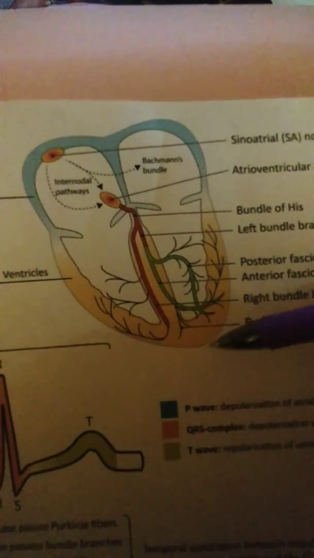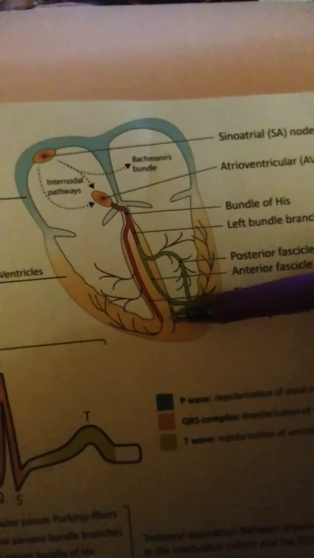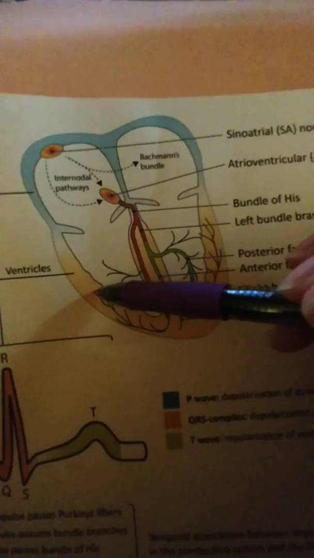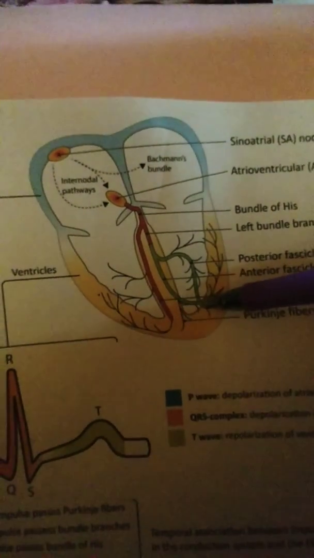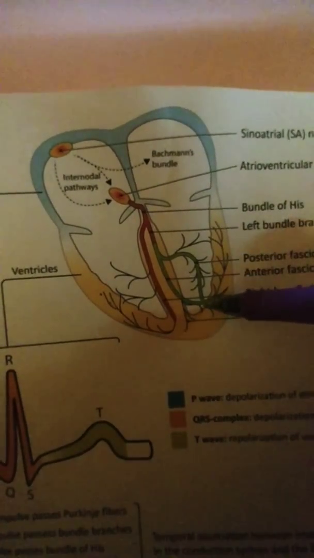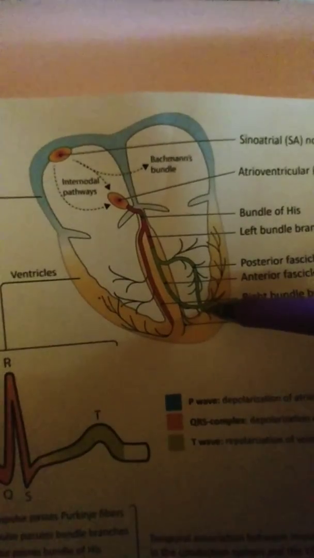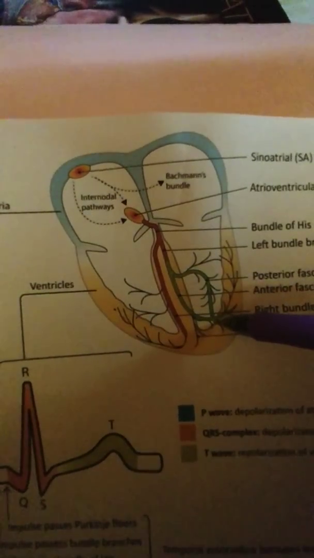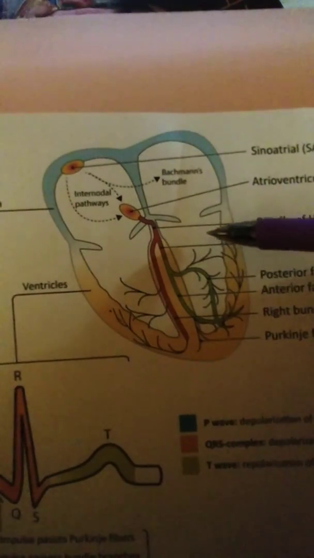So the Purkinje fibers, once it releases that signal, it contracts the heart. Now, the ventricles contract, but not at the same time. So the left ventricle contracts an instant before the right. So this part contracts before this part.